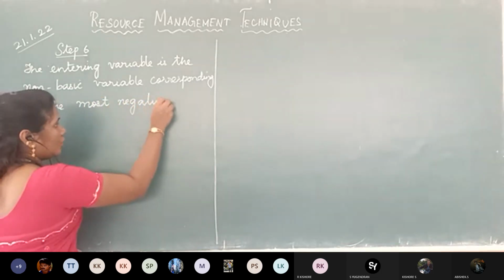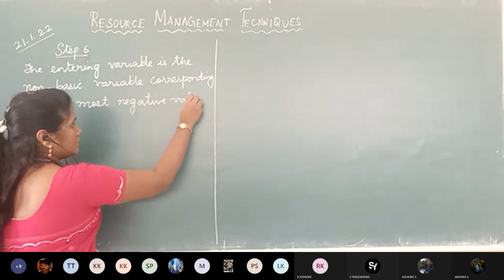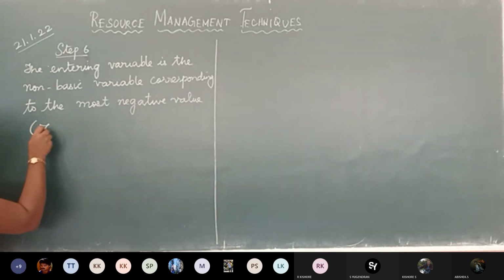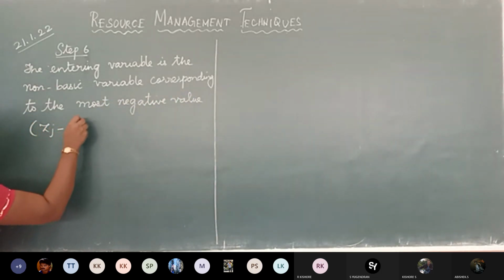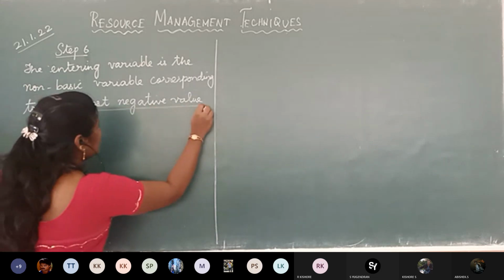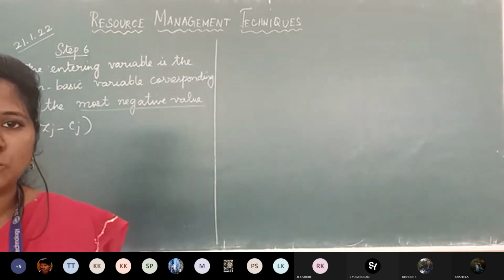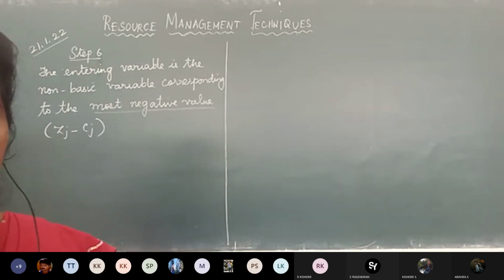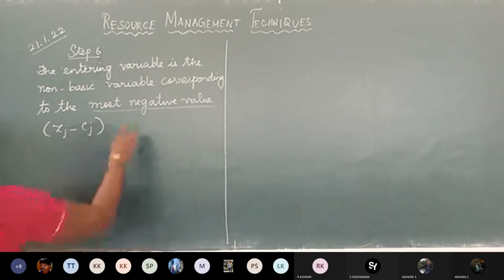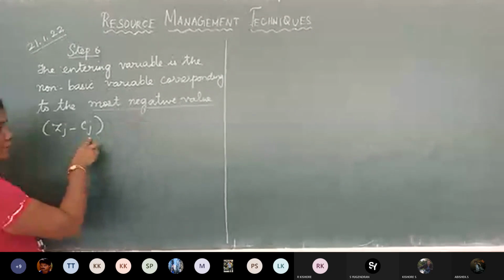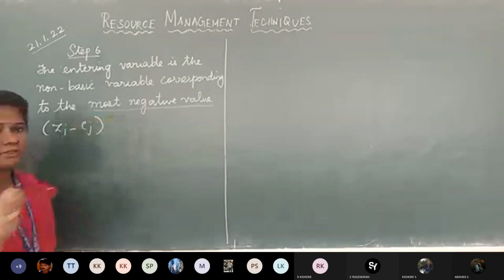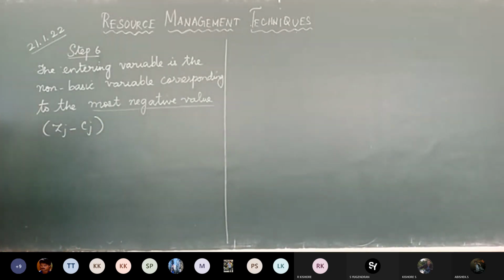Your most negative value in your Zj minus Cj. You'll be finding this only. In step 6 you'll see your most negative value in Zj minus Cj and take that value.